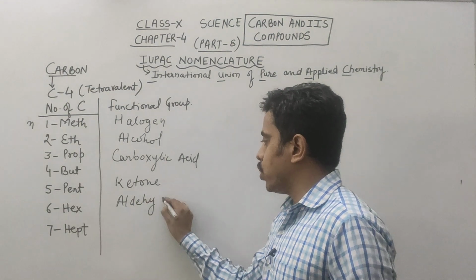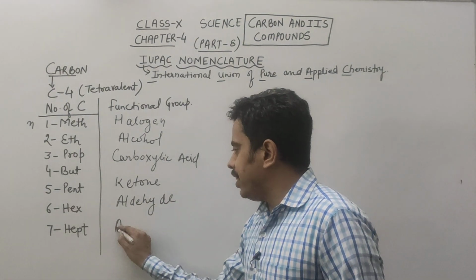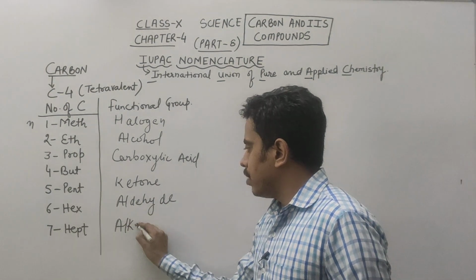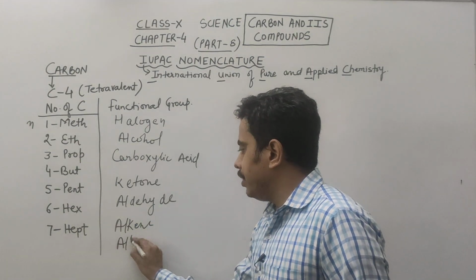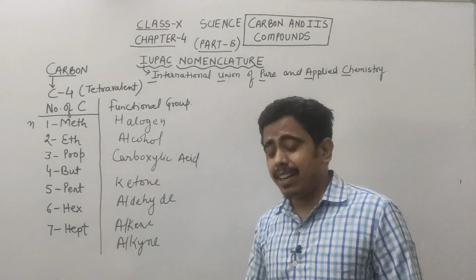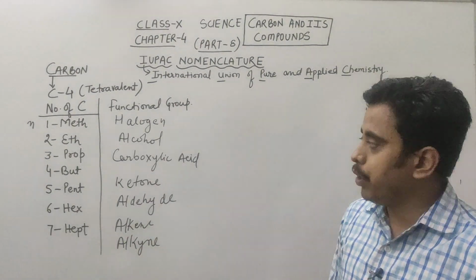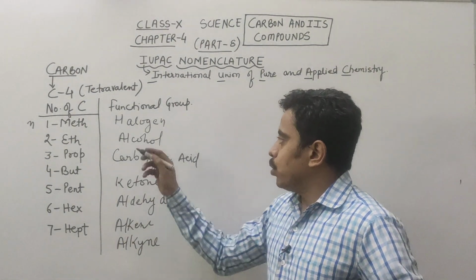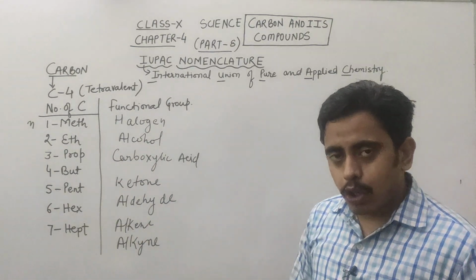These all are functional groups. And alkene and alkyne. These two, alkene and alkyne, we have already seen in the earlier videos also. So all of you got the meaning of functional group.